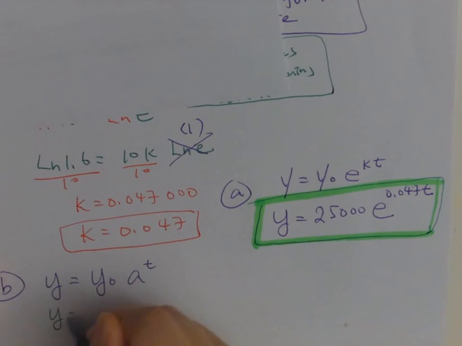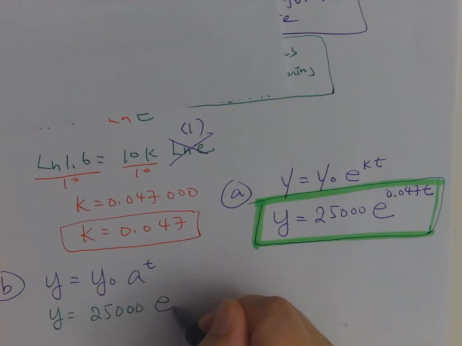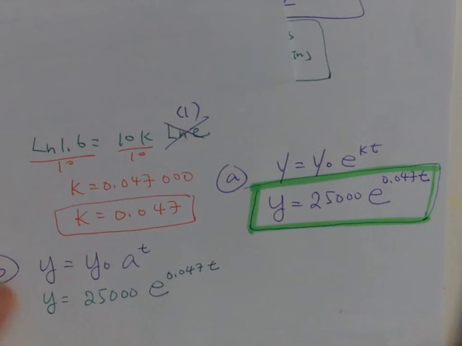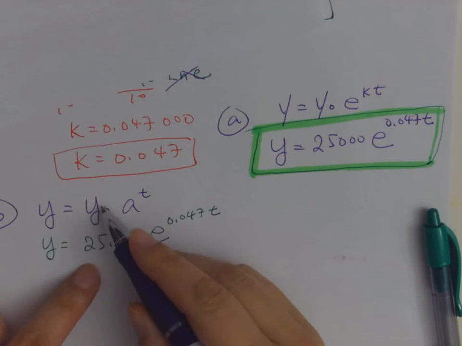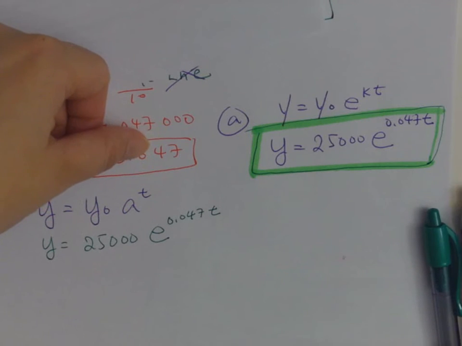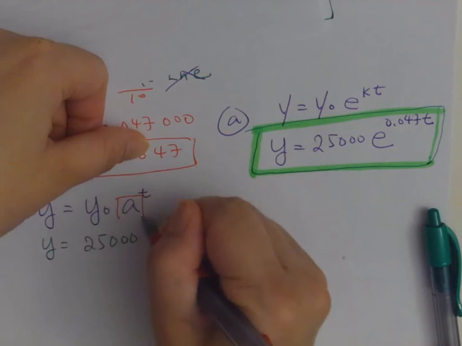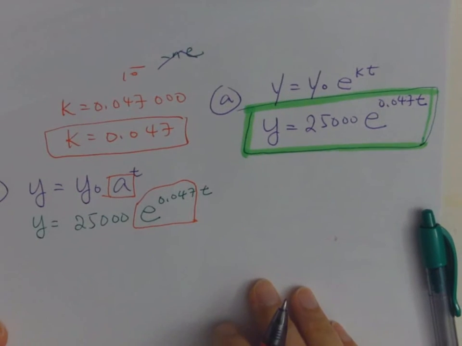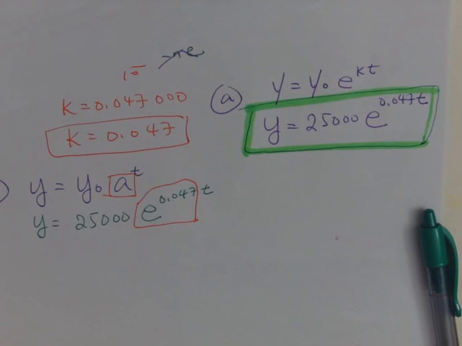We got y equal to 25,000 e^(0.047t). So that looks like that, right? So your y0 is 25,000 and the t is here. It's the A part. So what's up with the a? So a is going to be this guy. So somehow you should multiply it together. I don't know why.